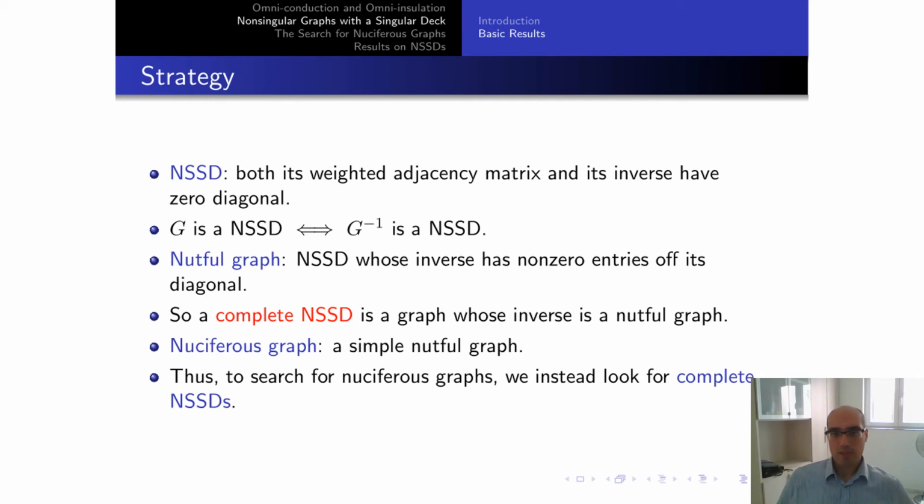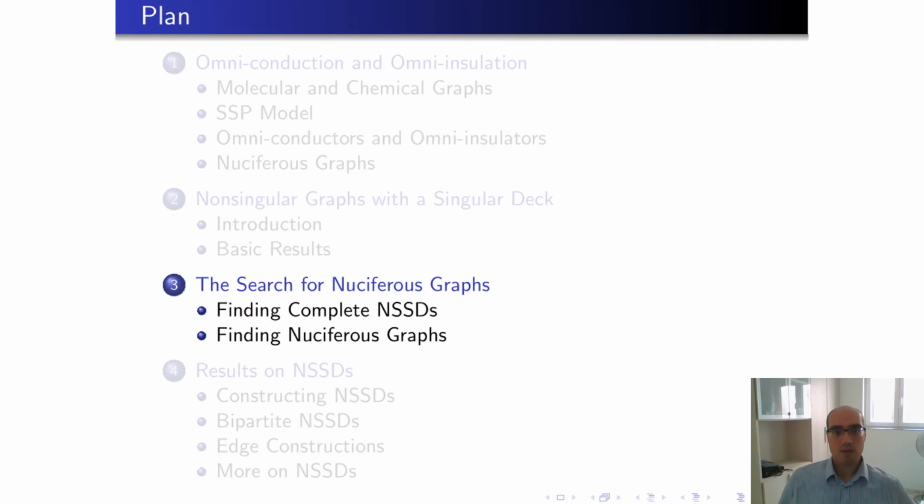If it so happens that this NUT full graph is not weighted, then we would have discovered a nuciferous graph. So that's what we're going to do now, trying to find complete NSSDs.